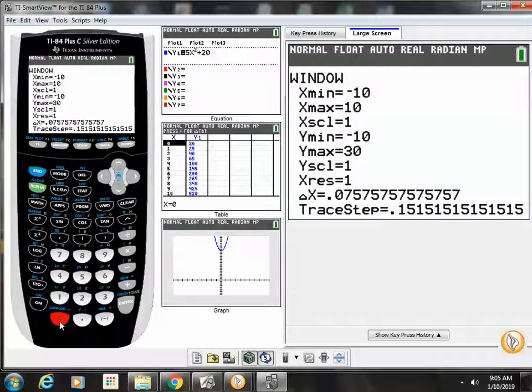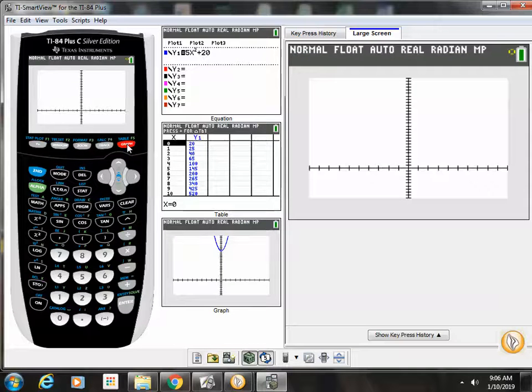If you change your y max, and your y min is -10, x min is -10, you should be able to graph it now. Anybody not get theirs to graph? Leave that one right there, the x min is -10.